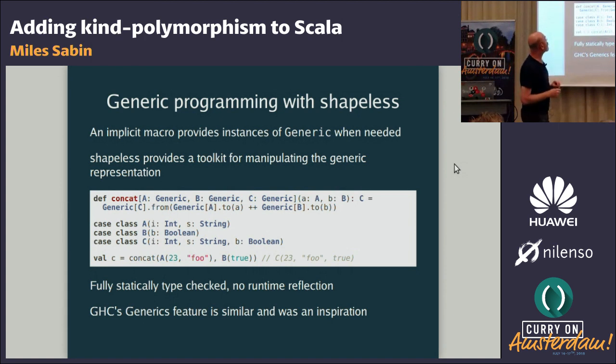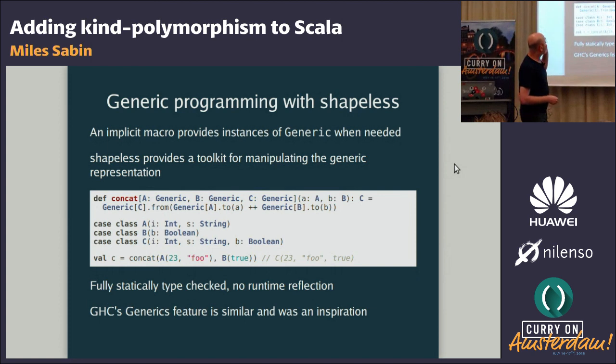So, for example, suppose we have three product types: an A, which contains an Int and a String, a B, which contains a Boolean, and we're trying to glom together two instances of these products to make a C, which has one field for each of those elements.